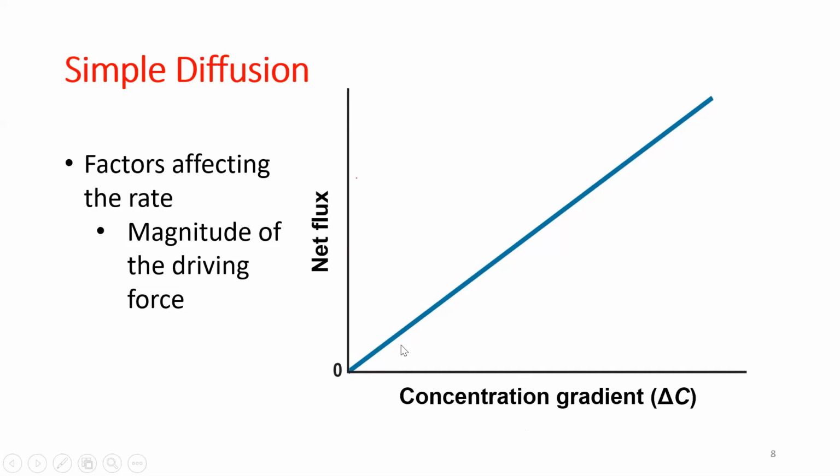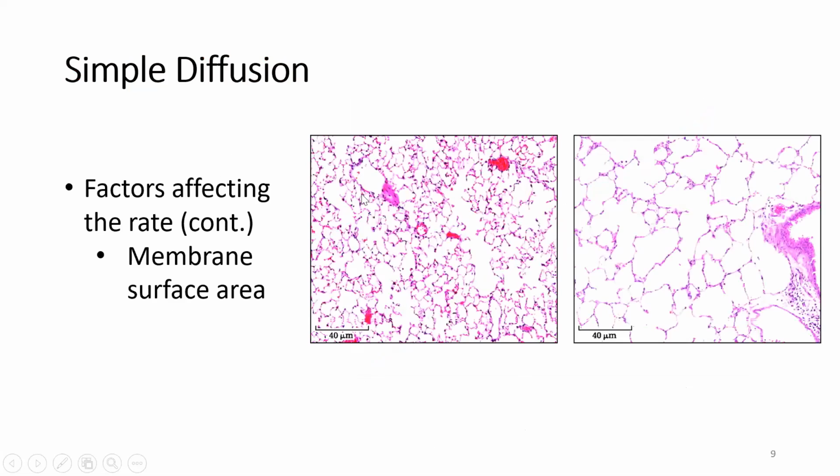That is reflected by this linear, directly proportional line that we see here. So if the gradient gets bigger, the rate of movement gets bigger; gradient gets smaller, the rate of movement gets smaller as well. The second factor that affects the rate of simple diffusion is the membrane surface area.